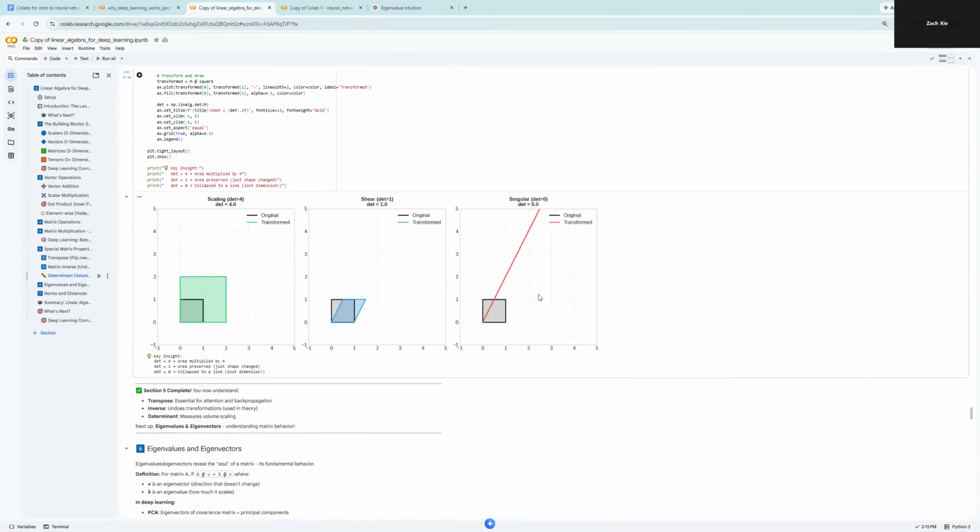So like this one, you have the original one like a square, let's say on a 2D plane. After transformation, the entire linear space is squashed along this direction.